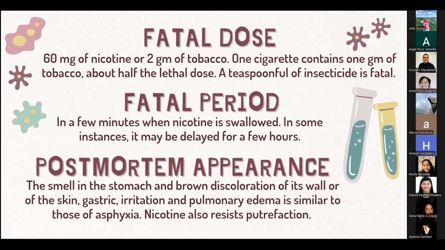When it comes to the post-mortem appearance of nicotine, the smell in the stomach is evident, and there is a brown discoloration of the wall of the stomach, and there may also be gastric irritation and pulmonary edema.